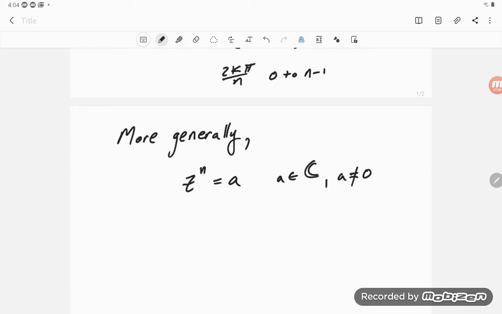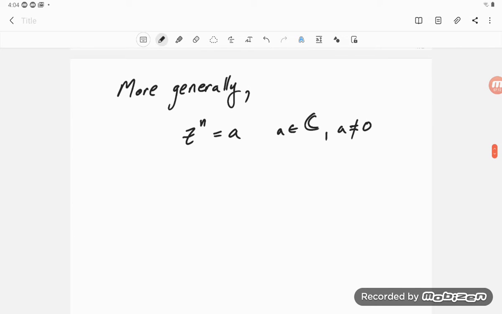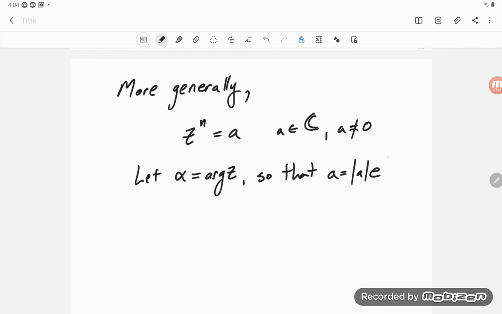Okay, then what we can do is if we let alpha equal arg z, so that a equals the absolute value of a, so there's that, and then e to the i alpha.